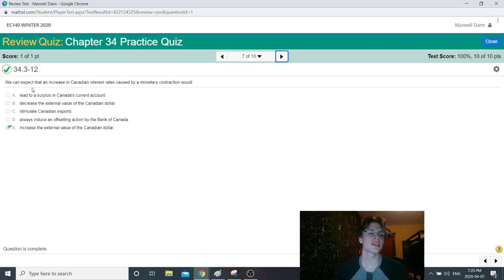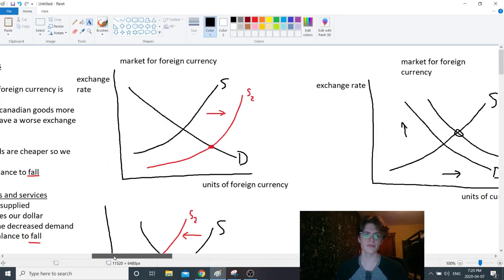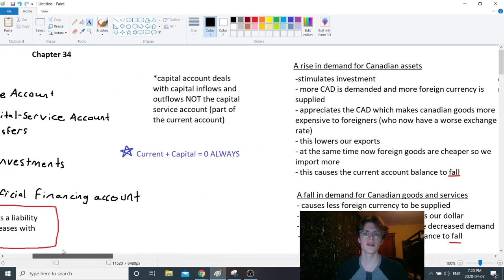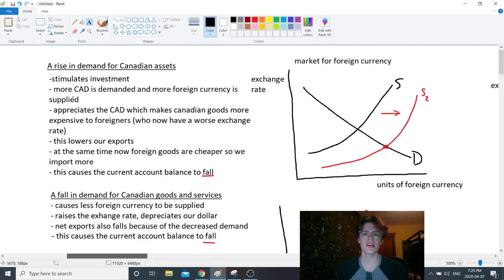We can expect that an increase in Canadian interest rates caused by monetary contraction would... So interest rates, right here, is what happens is that stimulates foreign investment, because when our interest rates are higher, more foreigners can make more money, because if they have a house, now they're earning more interest on that house.